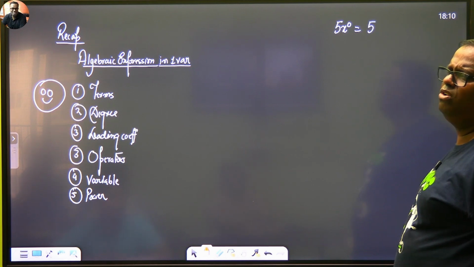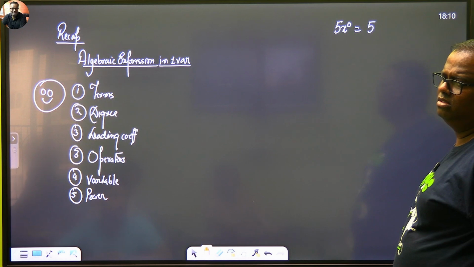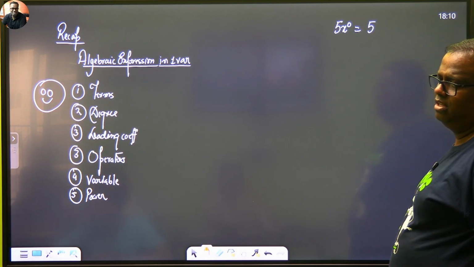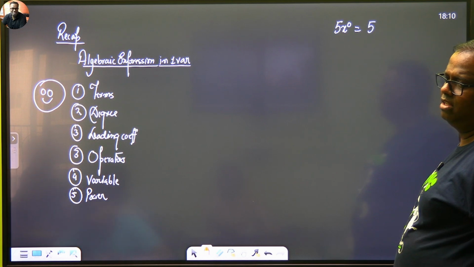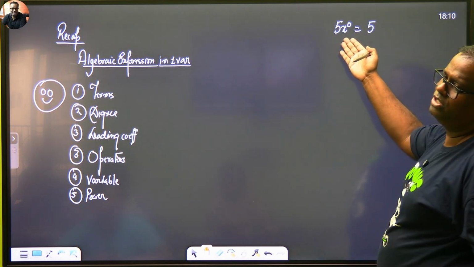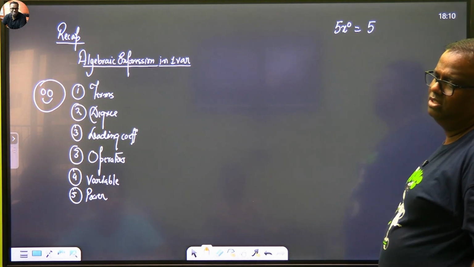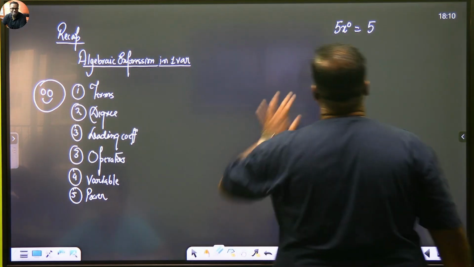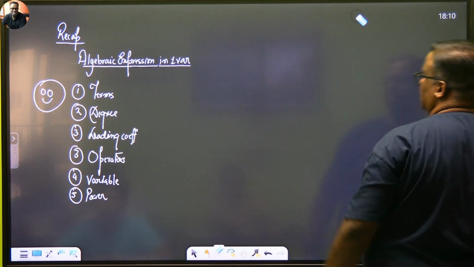If you know the value of x is 0, then x is not a variable at all. I think it means 0x. You tell me what I should write. Like this expression, here we don't call 5 as a leading coefficient. 5 is a constant out here. Are we done with this?